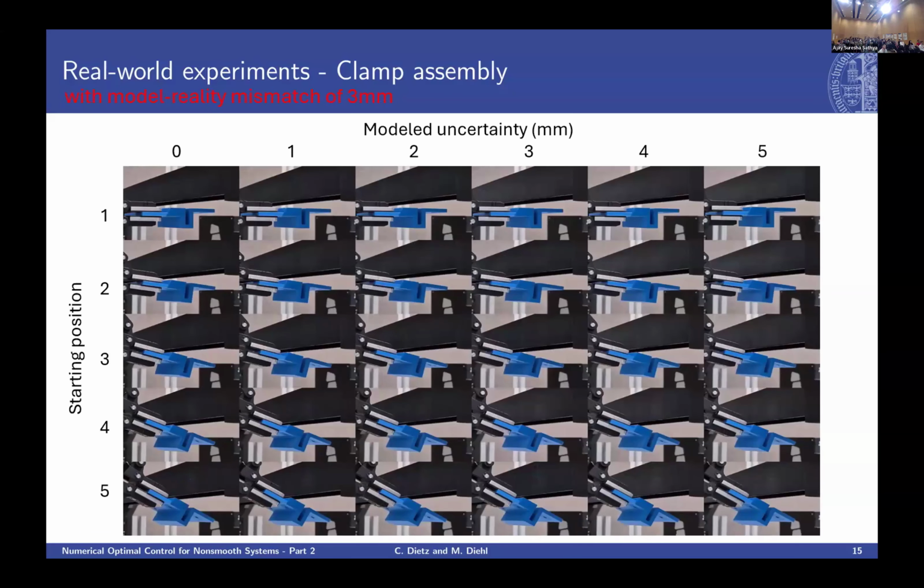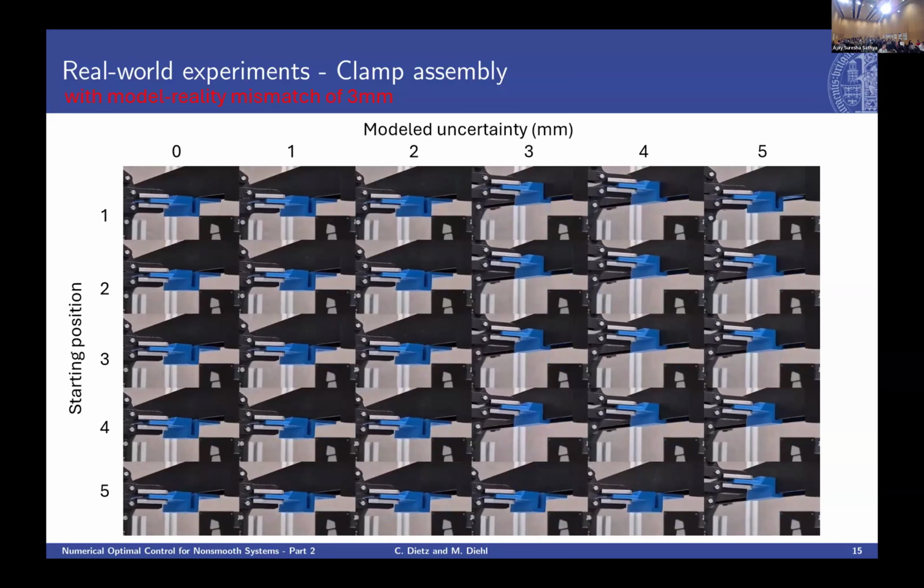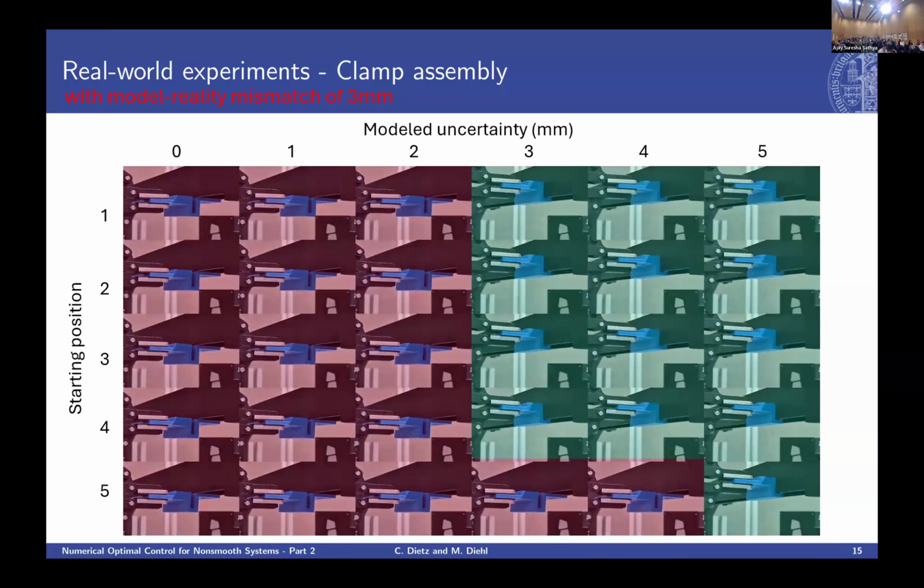If we check the result of the execution of our 30 instances on the real system with 3 millimeters of purposefully injected position mismatch, the ideal behavior is that if you model 3 millimeters or more, we are successful.